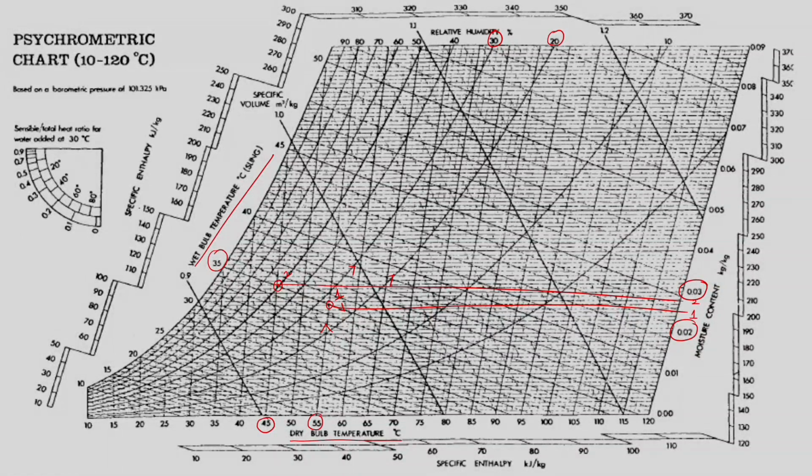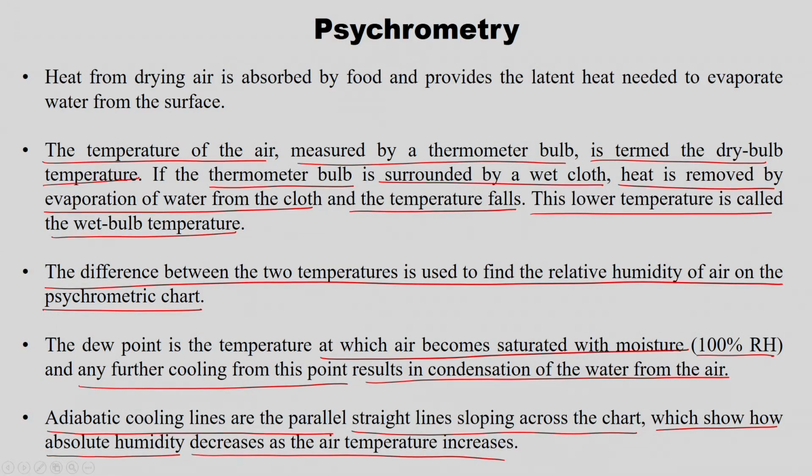We are not going into detail. We talked about the dry bulb temperature and wet bulb temperature, and by using dry bulb and wet bulb how to get the relative humidity, and this one talks about the moisture content, which is nothing but kg per kg. We also have seen the adiabatic cooling lines are the parallel straight lines sloping across the chart, which show how absolute humidity decreases as the air temperature increases.